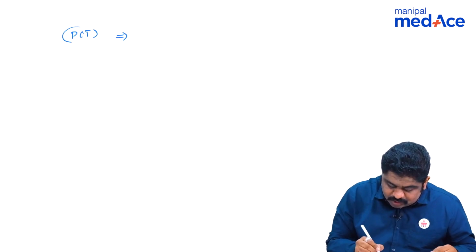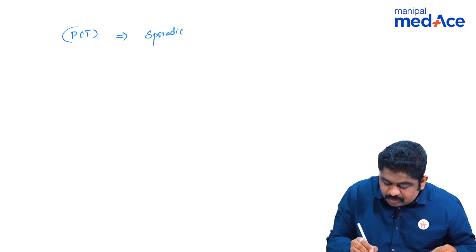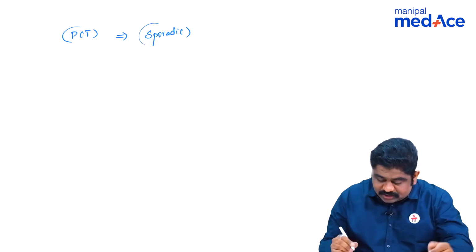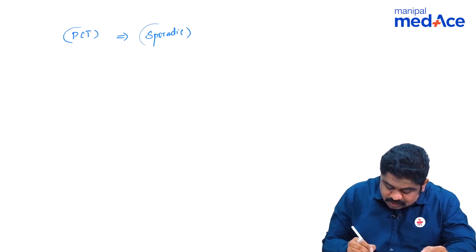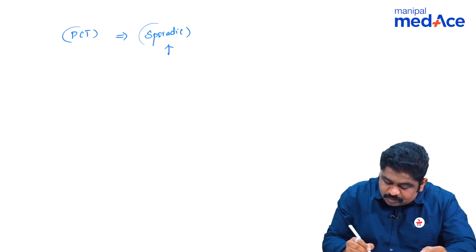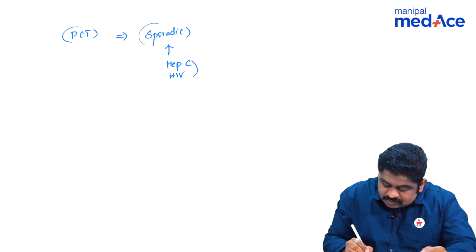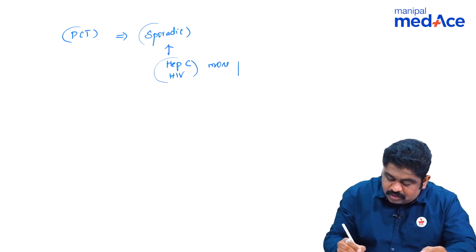Next concept, you have Porphyria cutanea tarda, which is sporadic. It doesn't affect the community. It happens in sporadic sites. Sporadic, it happens frequently in those communities where hepatitis C, HIV are more prevalent.